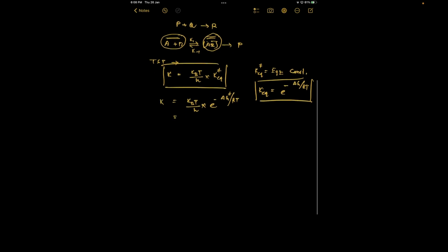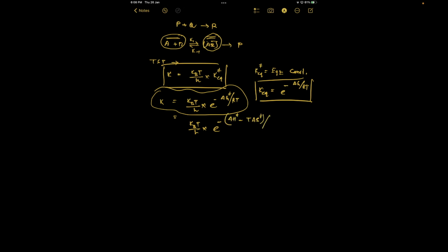Now we have to find out the pre-exponential factor of this expression. To do that, delta G means delta H double dagger, which is enthalpy of activation, minus T delta S double dagger, divided by RT.